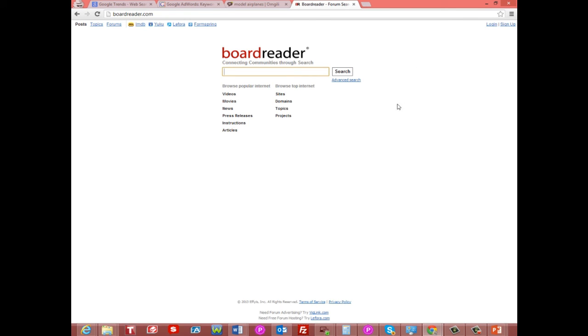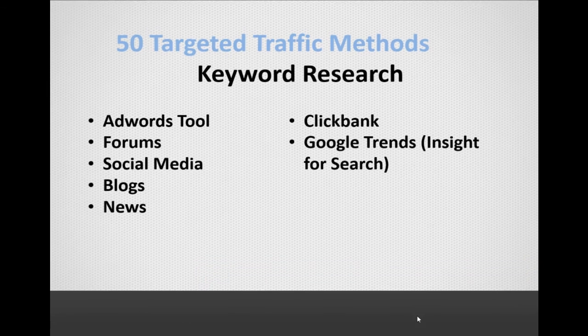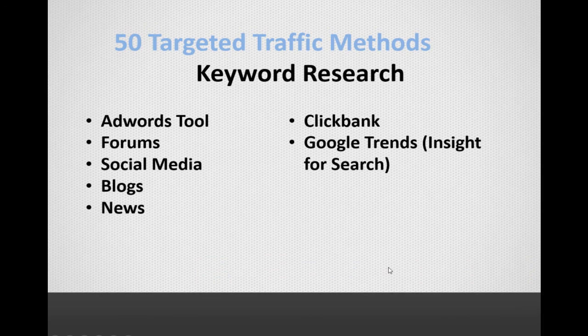Okay, so basically all we did was talk about some basics in terms of how you get to know what keywords people are actually using. Now, there are some resources where you can learn how to do more extensive keyword research in the resources area, so make sure you take a peek at those.